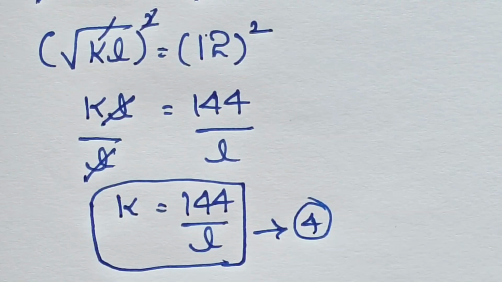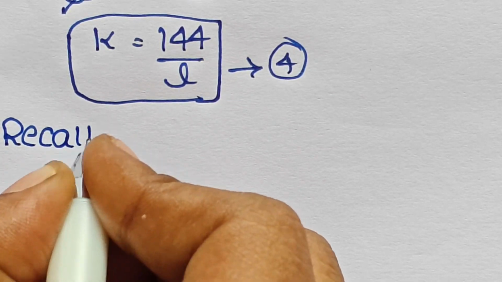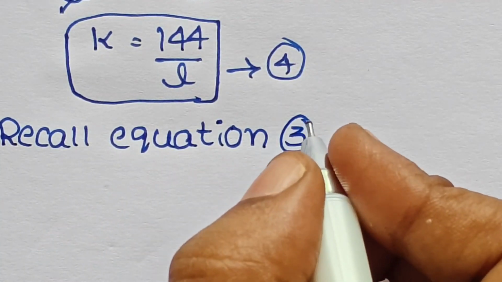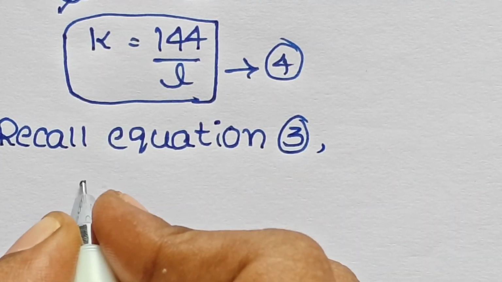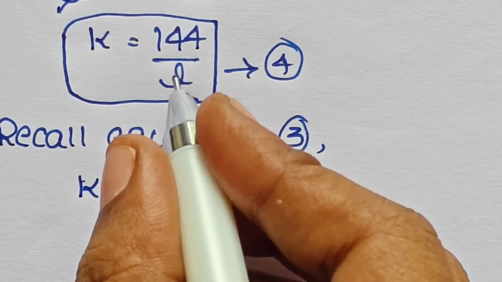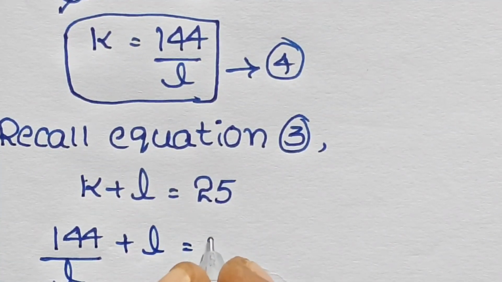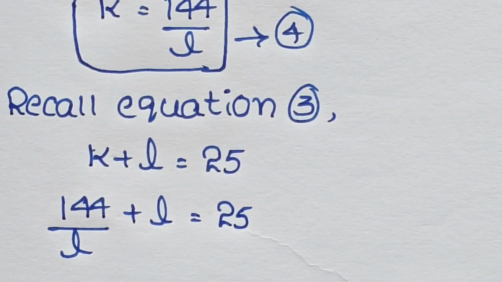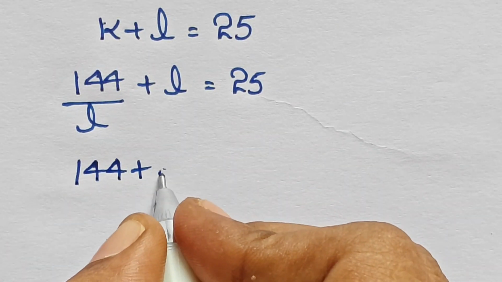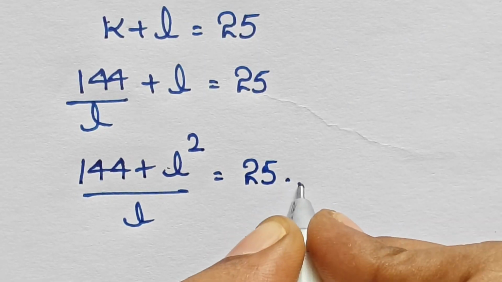Equation 4. Recall equation 3: k plus L is equal to 25. 144 by L plus L is equal to 25. 144 plus L square by L is equal to 25.